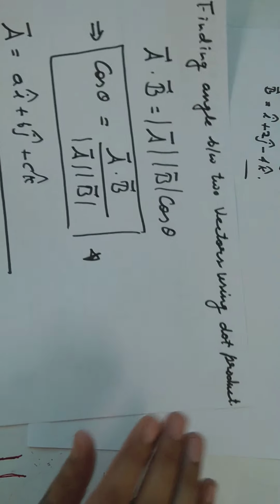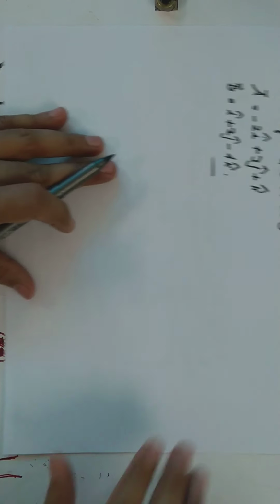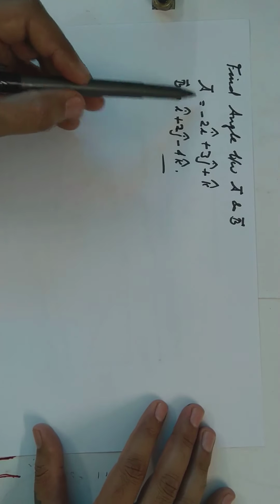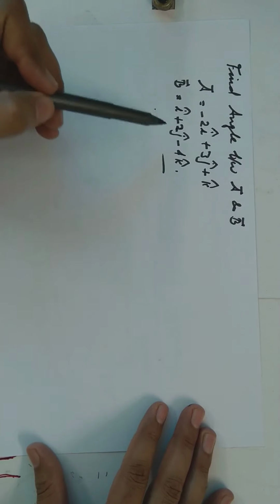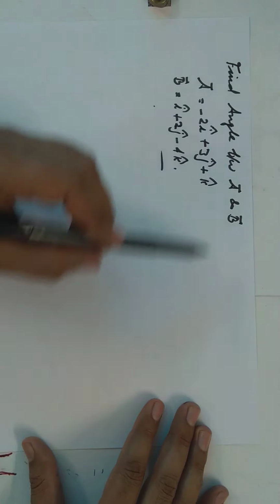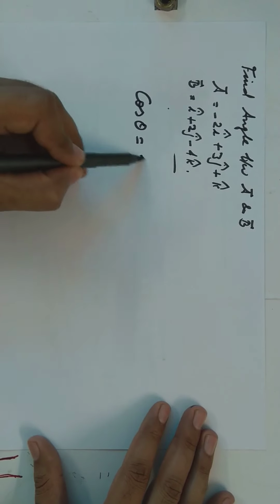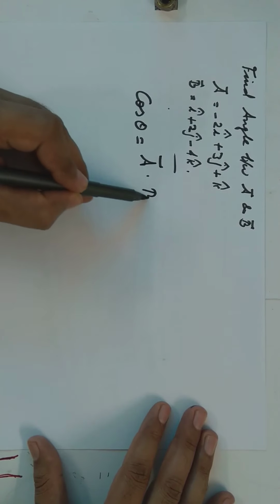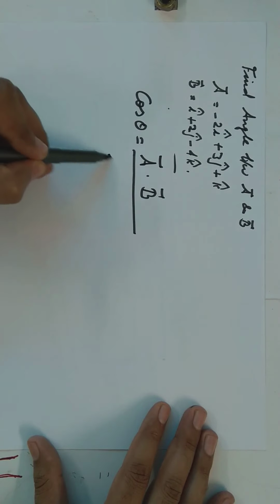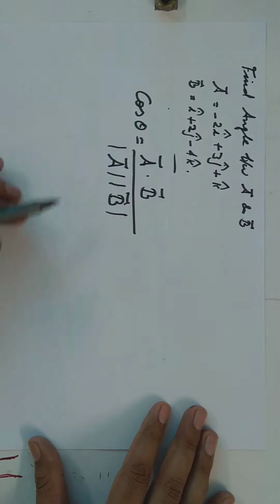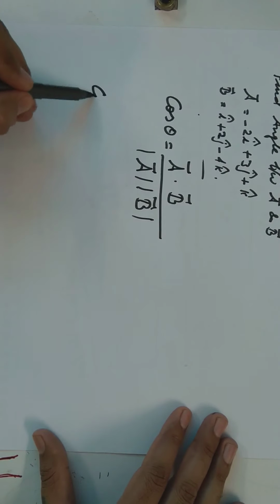Now we will solve an example. We have been given two vectors, vector a and vector b, and we need to find the angle between vector A and B. So using the formula, cos theta is equal to vector A dot vector B divided by magnitude of vector A, magnitude of vector B. Okay, we move further.